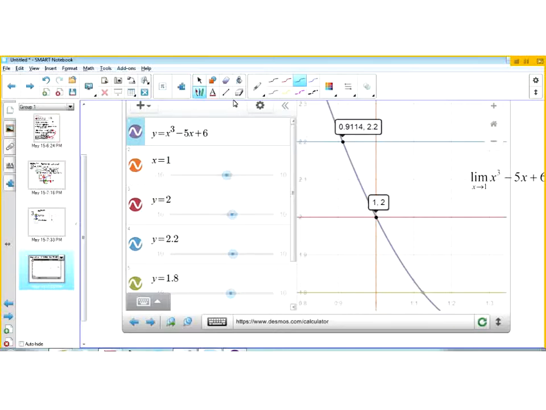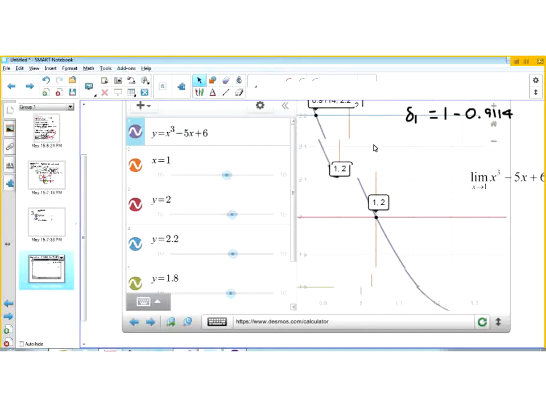This would be our choice of our x value. So we could say that delta 1 is equal to 1 minus 0.9114. Okay. It's a distance now, so it has to be a positive number.